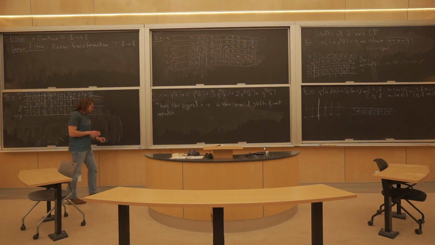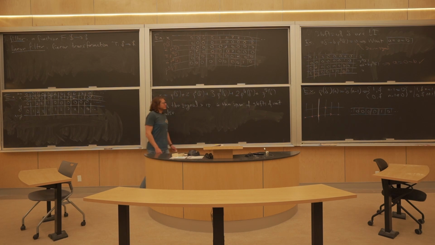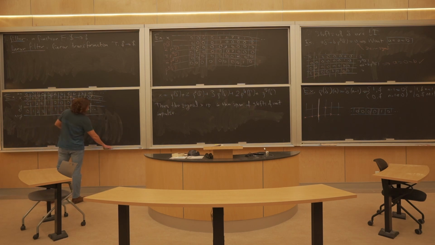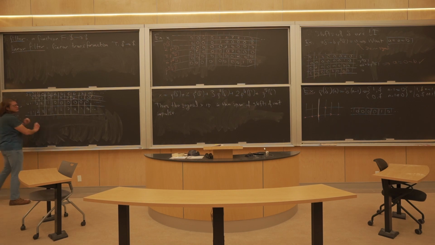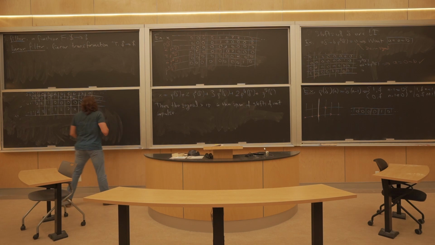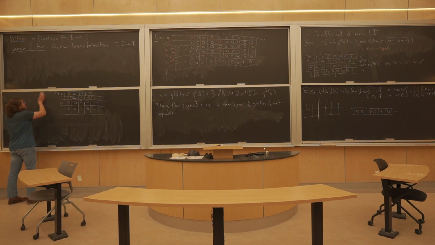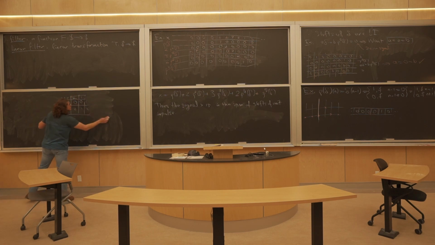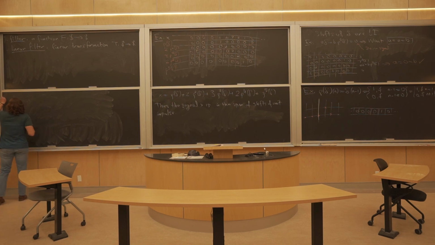Now, one specific linear subspace of the space of signals is the space of finitely supported signals. In the book, this is denoted by S sub f. Let me just write it here. I'm going to continue from there in a second. Just want to give that definition. So here's the definition.